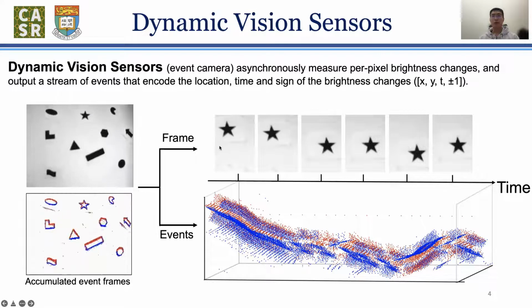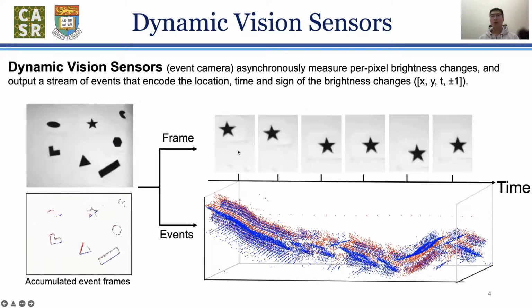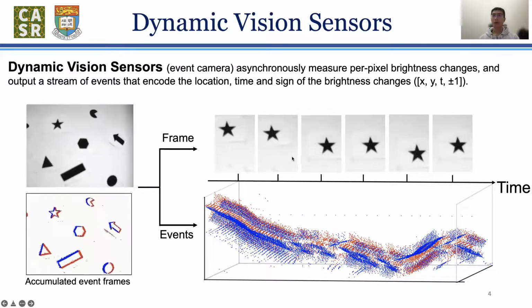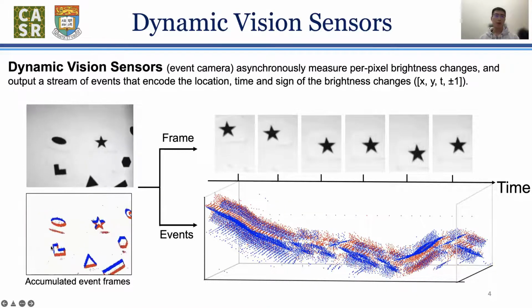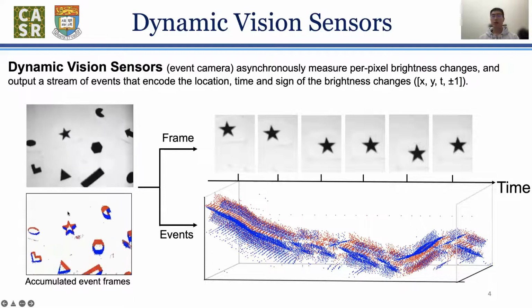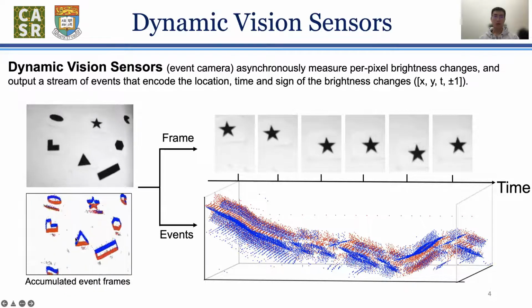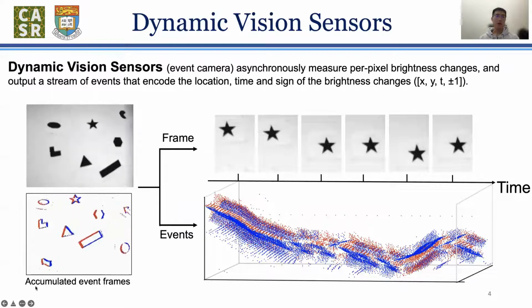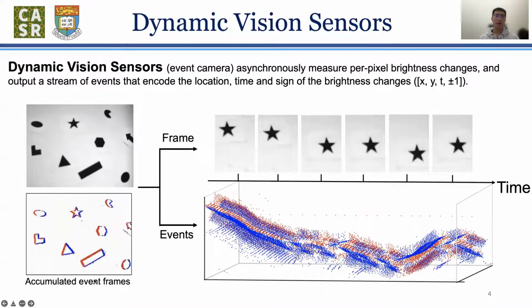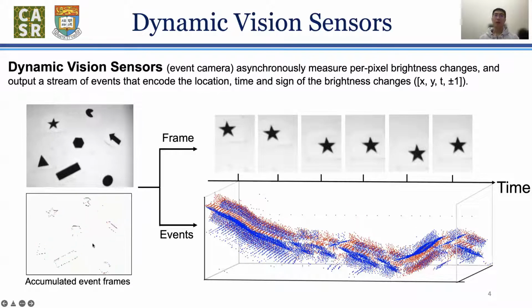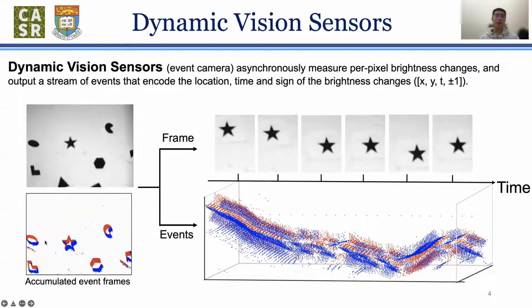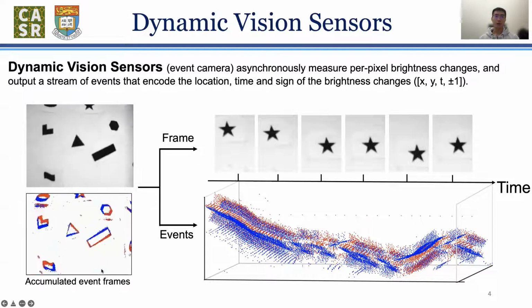Each frame is sampled at a fixed time interval, known as frames per second. However, an event camera only outputs an event whenever there is a brightness change. In this video, we accumulated events in a fixed time interval and generated a video-like frame by plotting the events in the original 2D space.